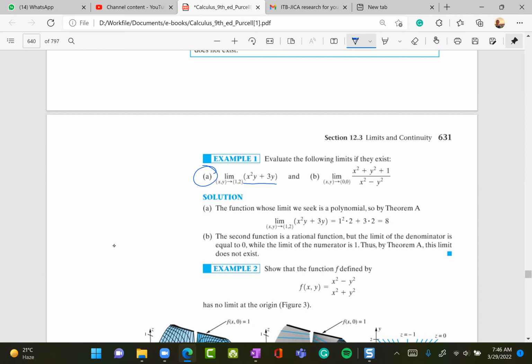So the limit is obtained by just plugging in numbers, 1 for x, 2 for y. And the second one, if you plug in 0, 0, x equals y equals 0, then the denominator is 0, but the numerator is non-zero. So this limit doesn't exist.